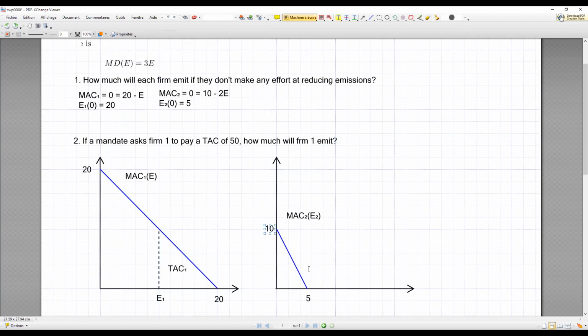Okay. Third question. All right. So find the aggregate marginal abatement cost curve.